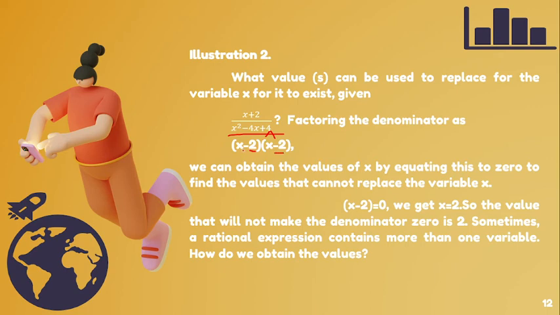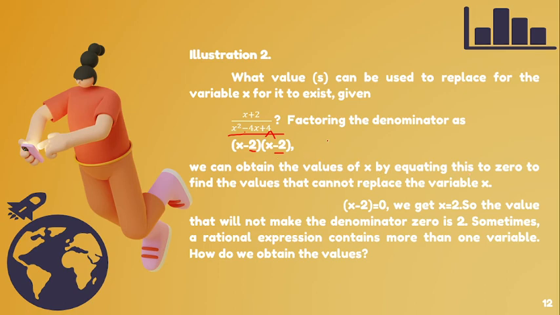Then we add or subtract them. For the sum to be negative 4, we use negative 2 and negative 2, and their product is positive 4. So the factored form is (x - 2)(x - 2). Next, we obtain the value of x by equating this to 0.